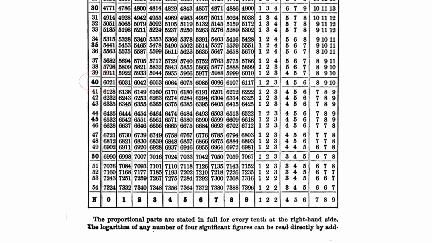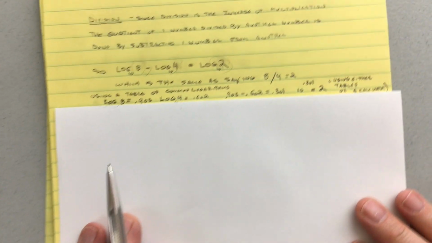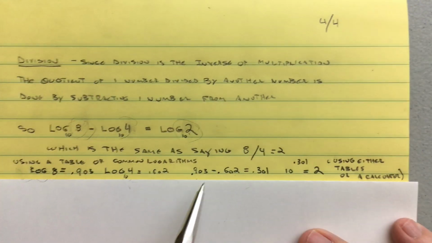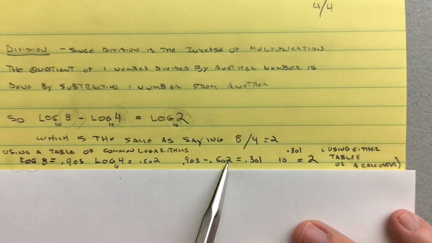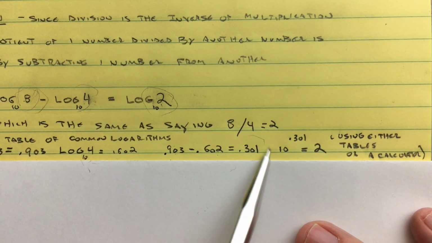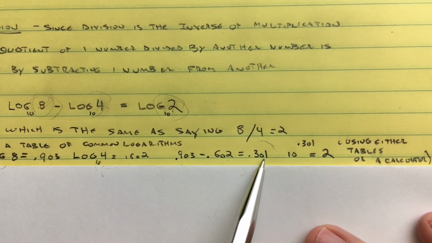Now I'm going to go back and show you on paper what I just did. So that's how I just looked it up on the table. That now yields that number. And again, all I did was a simple subtraction.